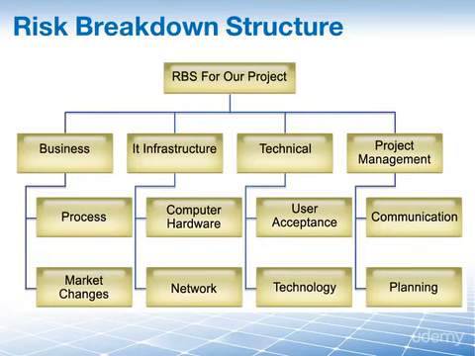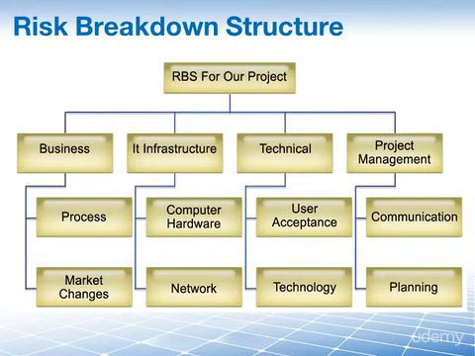You could have high-level categories like business, infrastructure, technical, external, internal, organizational, or managerial. And these are then again subdivided into low-level categories. Each project will have a different RBS with many more or fewer levels. It all depends on the project.